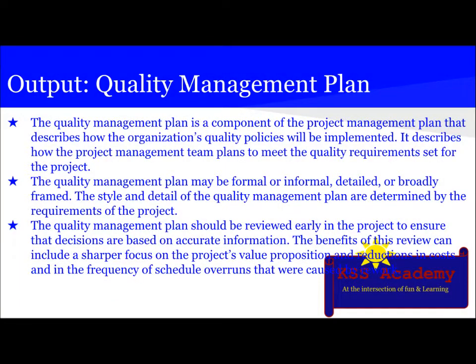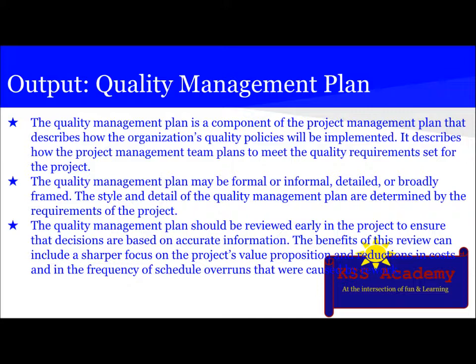The output is the quality management plan. The quality management plan is a component of the project management plan that describes how the organization's quality process will be implemented. It describes how the project team plans to meet the quality requirements set for the project. It may be formal or informal, detailed or broadly framed.